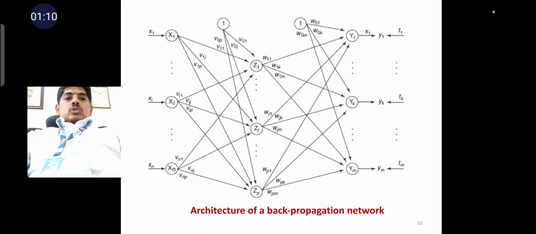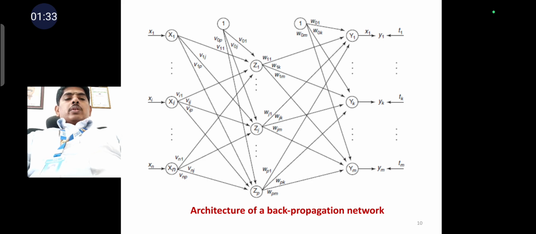So this is the architecture of the back propagation neural network. The x1, x2, xi up to xn are the input neurons, or the input layer. z1, zj up to zp act as the hidden layer or hidden neurons, and y1, y2, yk up to ym are the output neurons.